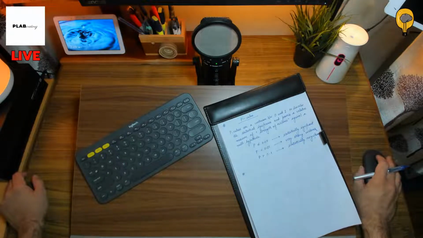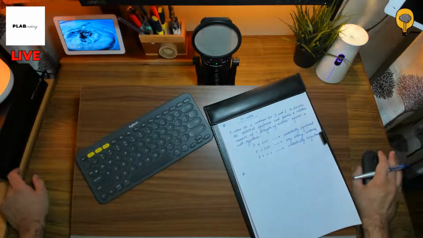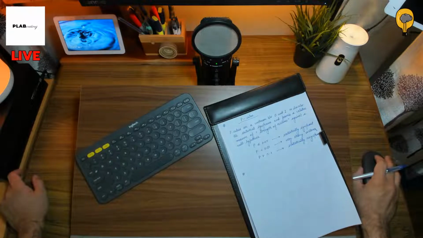That is true positive plus false negative. And specificity was true negative cases divided by number of cases which were actually not having the disease. That is true negative plus false positive.